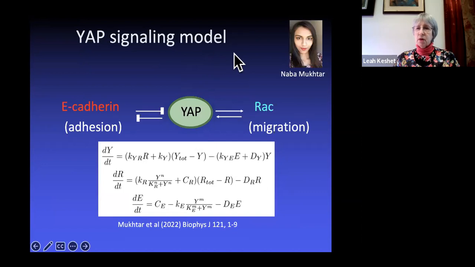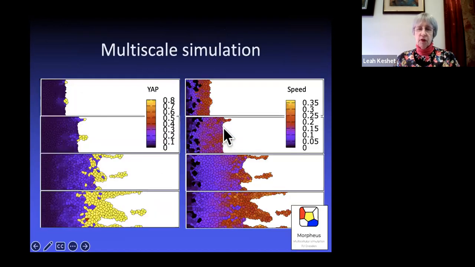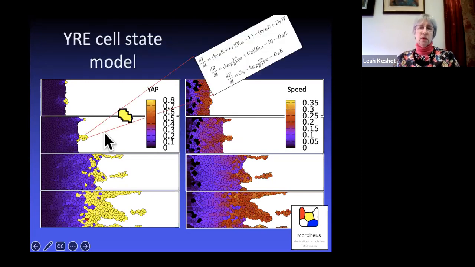So one of my students who did a master's at the time modeled this circuit and implemented it inside individual cells in the same Morpheus package to understand the way that this wound healing takes place. Again, each of these cells has a set of ODEs, and those ODEs are linked to cell-cell adhesion as well as cell motility.